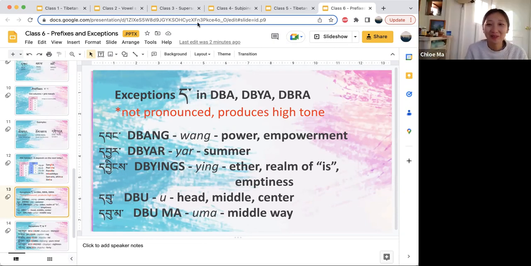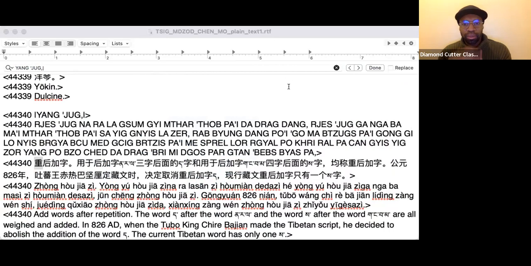Sorry. No, it's fine. I don't mind. I'd kind of rather do it. Here's a definition of Yangjuk, right? A head letter can also come before the main letter. But why can you never confuse a head letter with a prefix letter? Chloe just said it like 6 times.